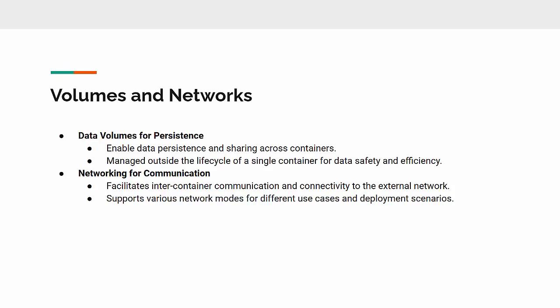Docker's networking capabilities allow containers to communicate with each other and with the internet. There are different types of networks in Docker, each serving different needs, from simple bridge networks to complex overlay networks for distributed applications. And that wraps up our overview of Docker's key components and architecture.